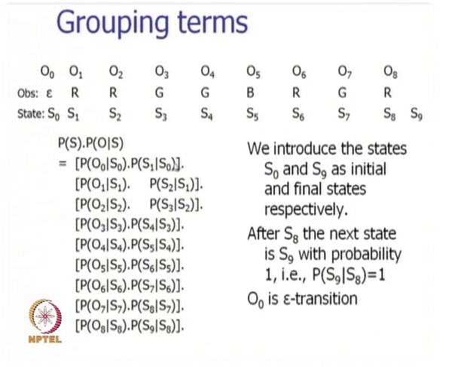We will not worry about the first line and the last line. In between, we see that a grouping has been done. So, we have P(O1 given S1) into P(S2 given S1), P(O2 given S2) and P(S3 given S2), P(O3 given S3) and P(S4 given S3).